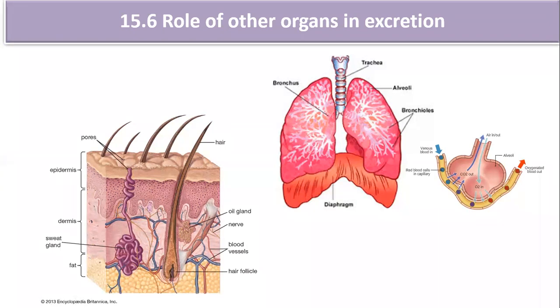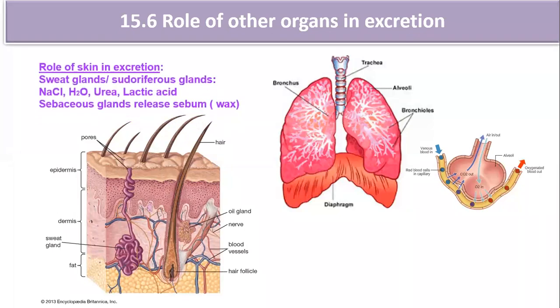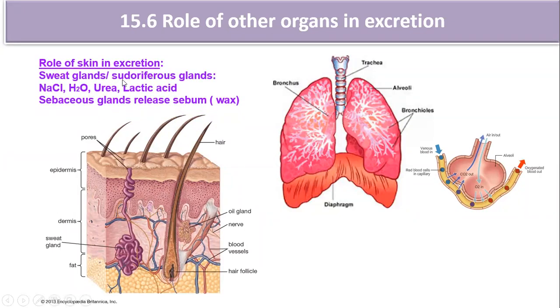Lactic acid is antimicrobial, and a very small amount of urea is also excreted through the sweat. Another name for the sweat gland is the sudoriferous gland. This is an accessory excretory organ.